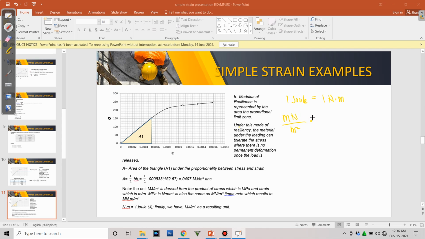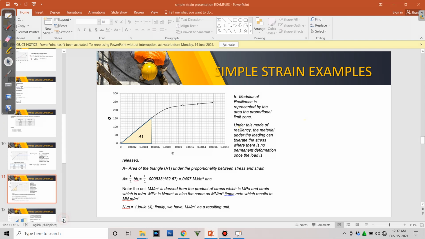So we multiply that by meter per meter, and Newton meter is actually joule, so we can combine that into megajoule all over cubic meter. Therefore, the resulting unit is megajoule per cubic meter. Okay, that's it. As simple as that.